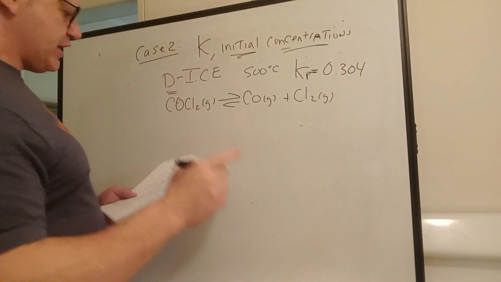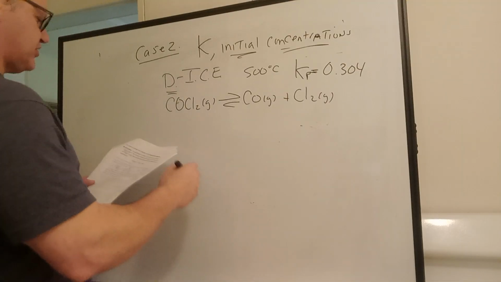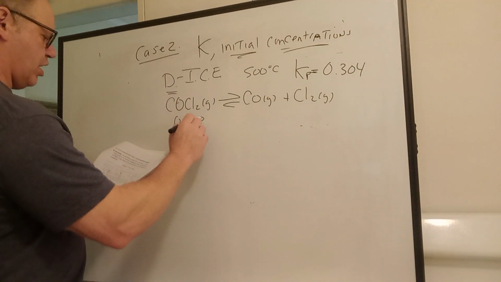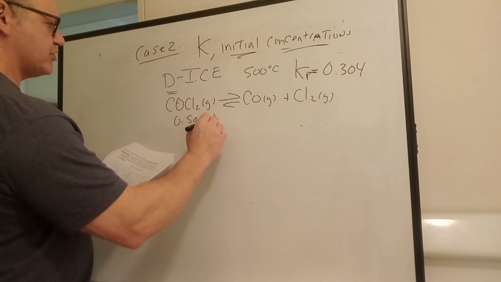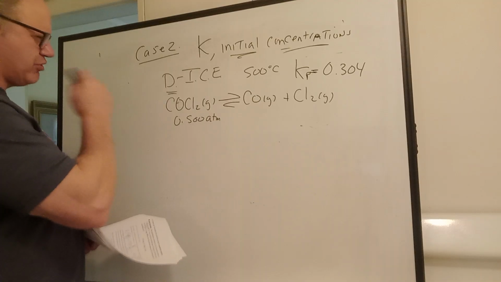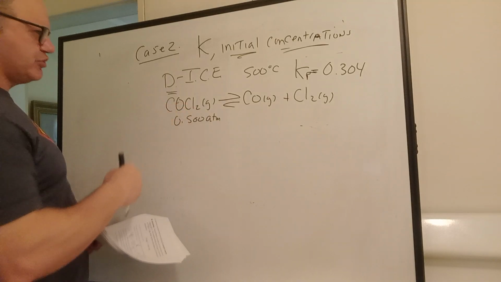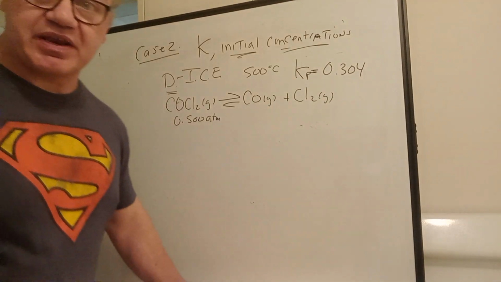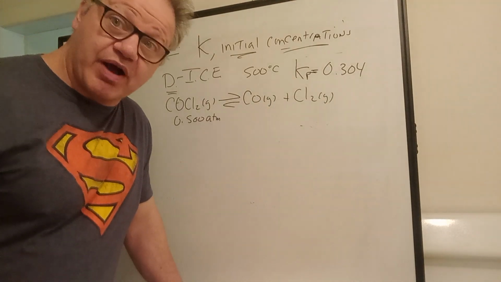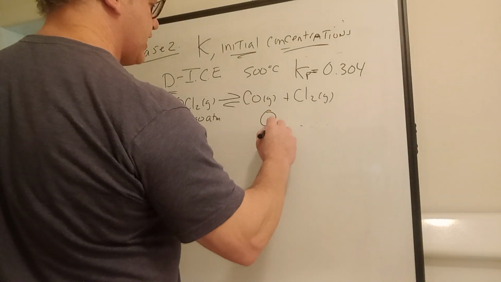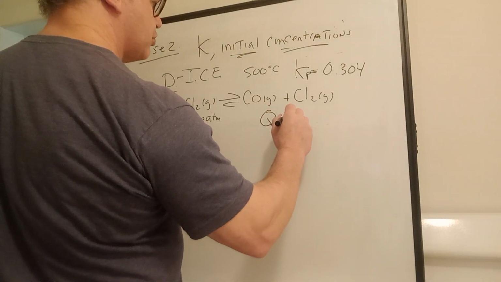And all we know is that this system starts out with 0.500 atmospheres of this carbon, I forgot what that's called, carbon dichloride, something like that, COCl2, and none of this and none of this. The system can't be at equilibrium. It doesn't have any of the products. So if you wanted to write Q sub P, we'll do this with pressures.